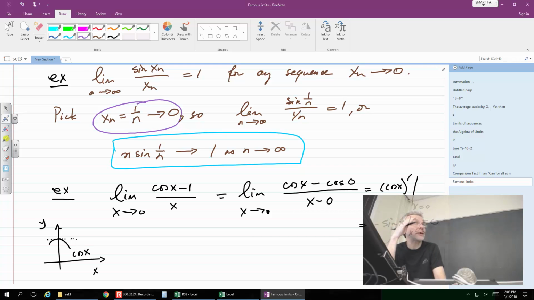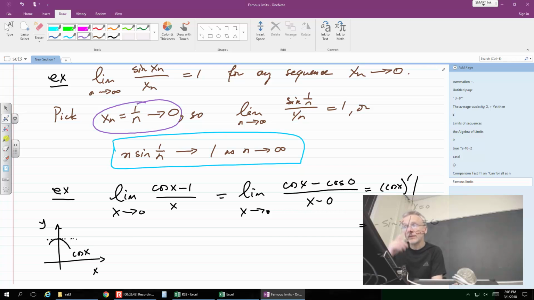By replacing x with x_n, you create a sequence from a function, and it should have the same limit as the original function. So that's exactly what happened up there with sine. I picked any sequence x_n, and it should produce the same limit.